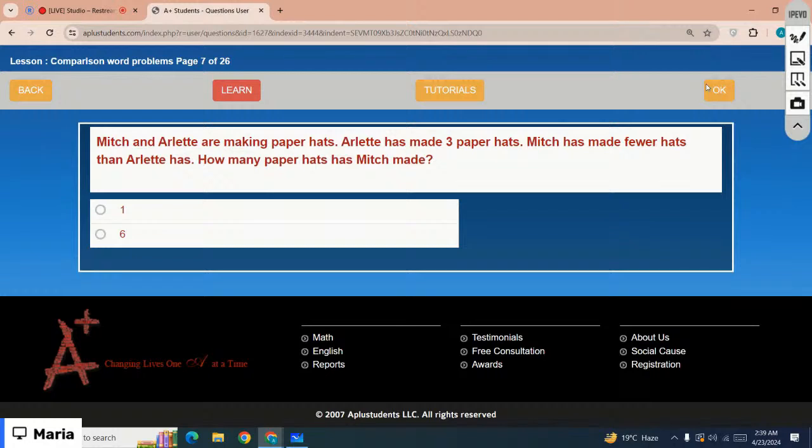Mitch and Arlette are making paper hats. Arlette has three paper hats. Mitch has made fewer hats than Arlette. How many paper hats has Mitch made?